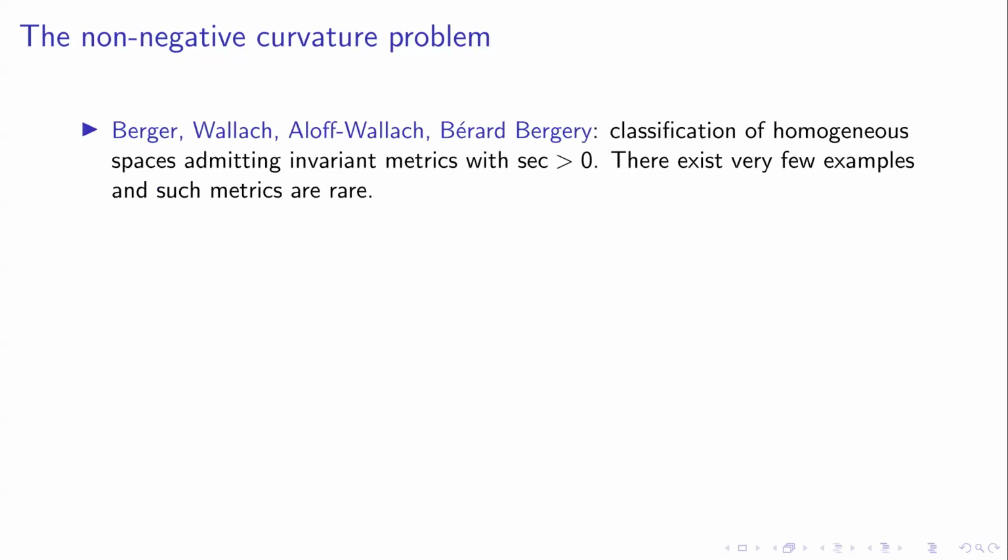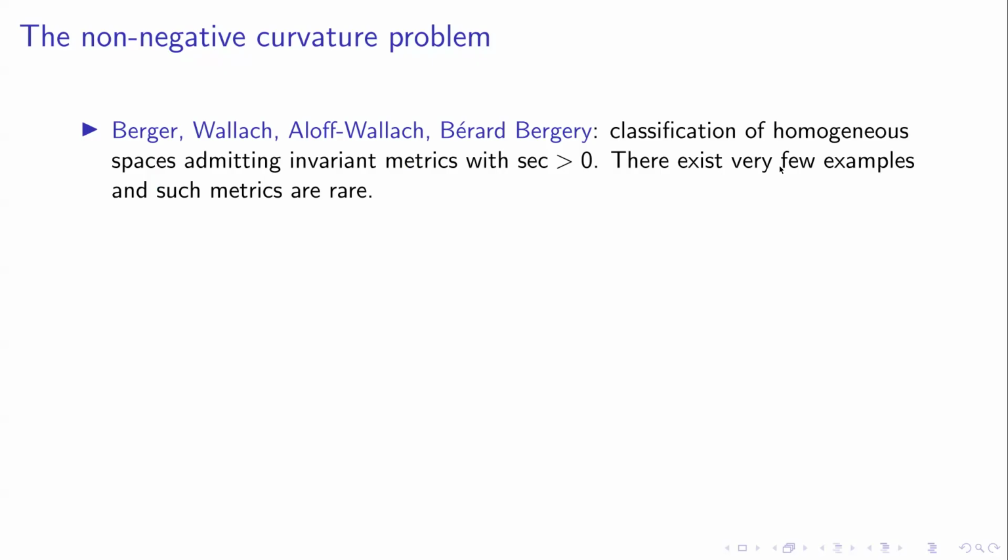Well, in the last part of the talk, I will talk about the non-negative curvature problem, also in the Stiefel manifold and the Berger-like metrics. Let us recall briefly this problem. In a series of very celebrated works, there is the classification of homogeneous spaces admitting an invariant metric with positive sectional curvature.